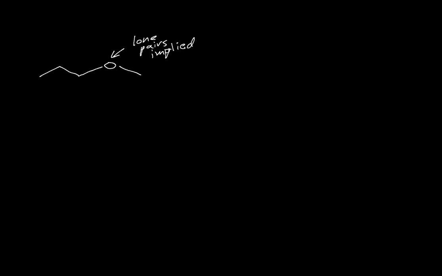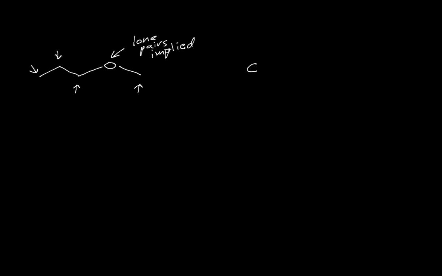The fact that there's a CH3 group here in this position, a CH2 group there, a CH2 group there, a CH3 group there. So a lot is implied in this. The oxygen, however, you have to draw in, otherwise we don't know there's an oxygen there. But a lot of times the lone pairs are left out.